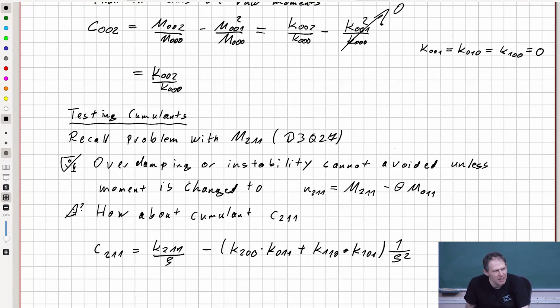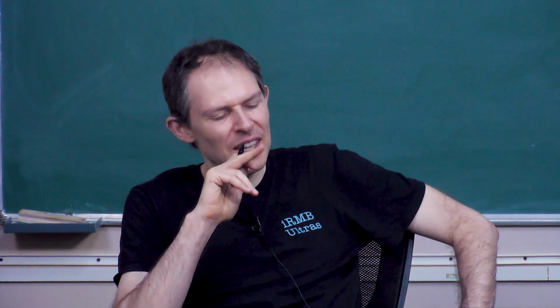So, by the way, you see one important difference between cumulants and central moments. If you remember what I said at the transformation of the central moments, if you write them in terms of raw moments, they are always linear. They come with higher order moments times velocity, but they never come with a product of second order moments.